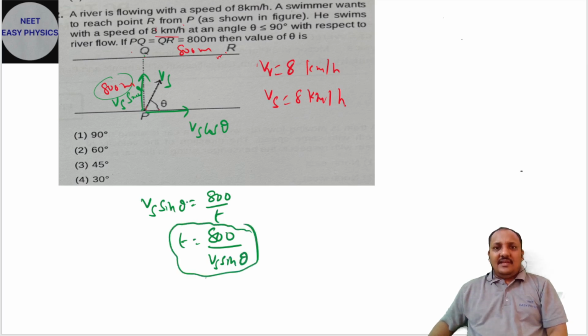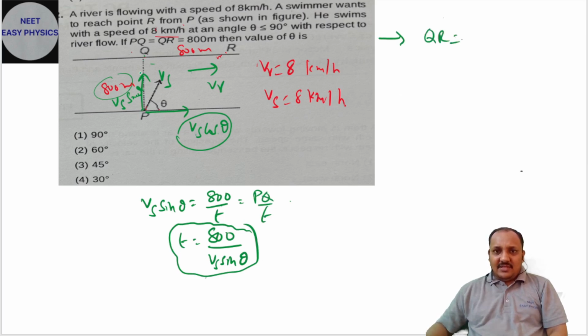Next, the velocity of river is flowing in this direction. So in this direction, velocity Vs cos theta. Therefore, for the horizontal distance QR, I am using the drift formula.